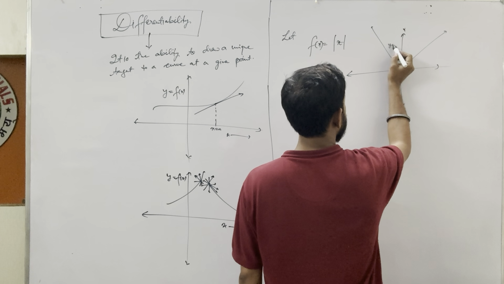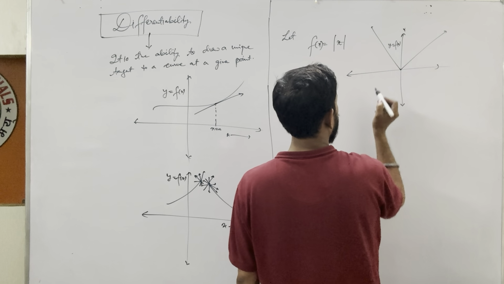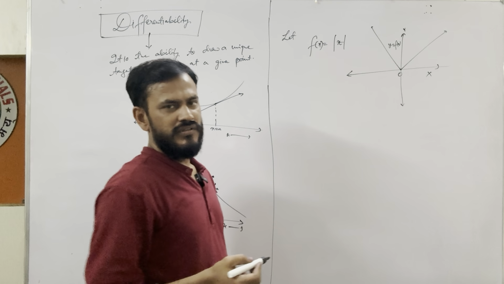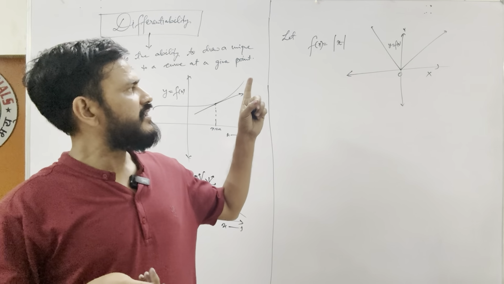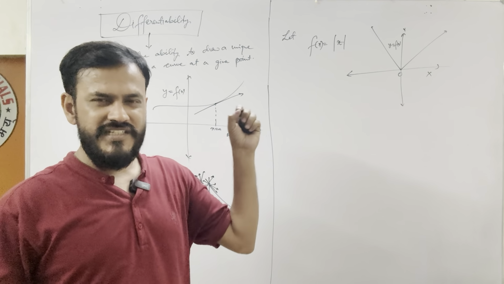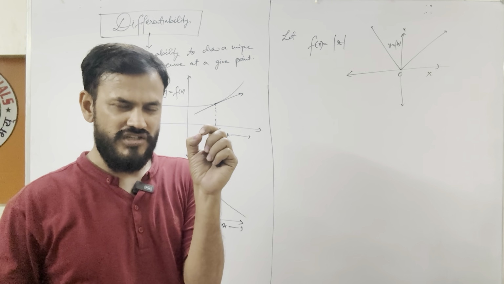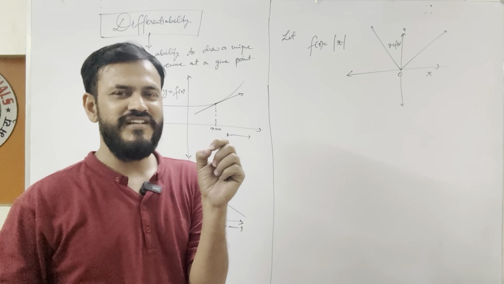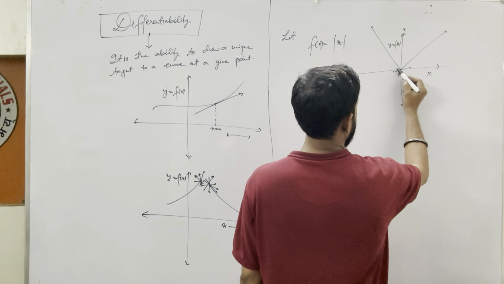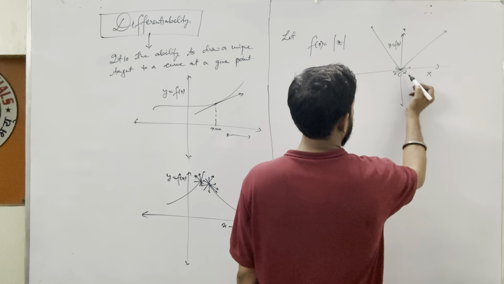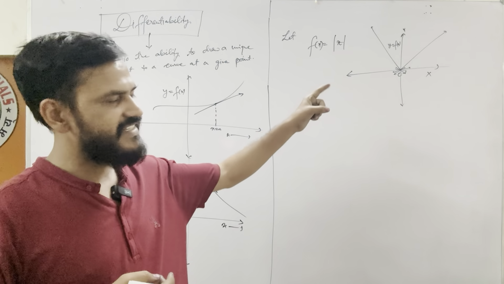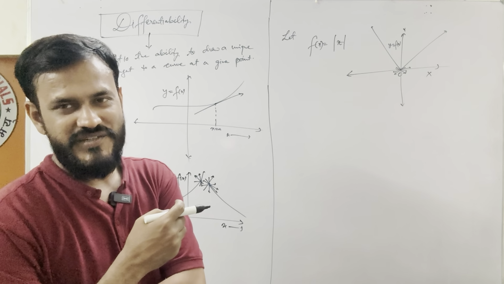So y is equal to f(x) and this is x. At x equal to 0, this V graph has its vertex at the origin. At the origin it has a point, a dot, and from that dot one can draw infinite tangents. Hence, even though the function is continuous at x equal to 0, it is non-differentiable.